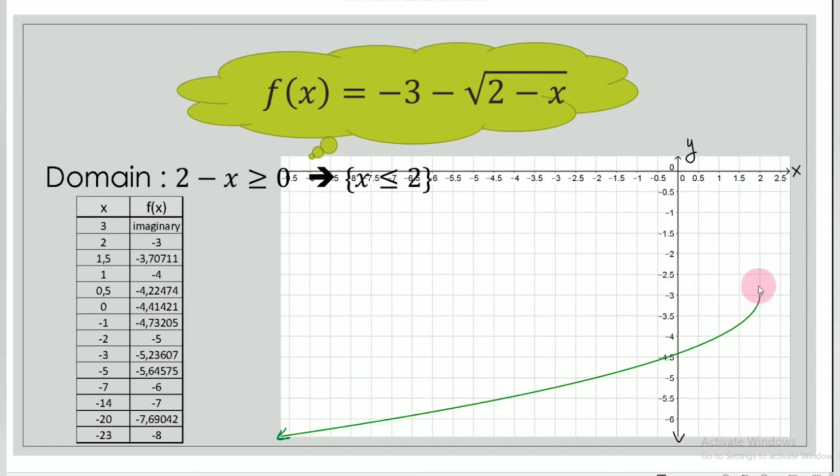And then you don't have any graph when the value of x is greater than 2, but you can have your graph when the values of x are less than 2. The value of y begins with -3 and then goes lesser and lesser. So the range will be all values of y that are less than or equal to -3, because it continuously goes to negative infinity.